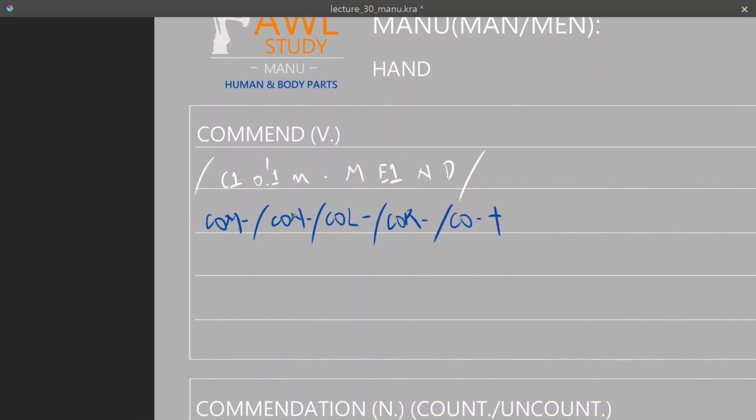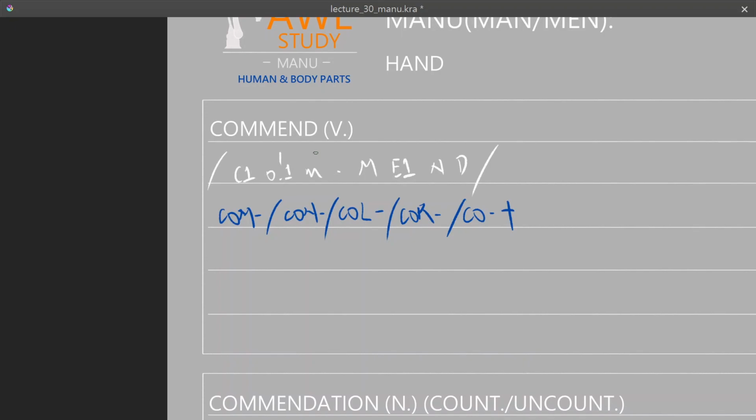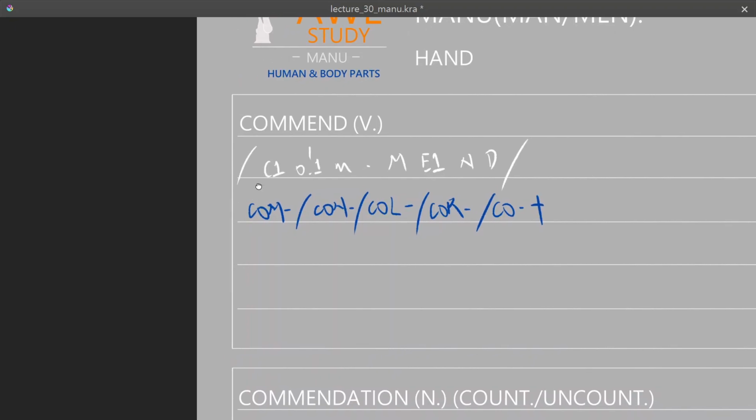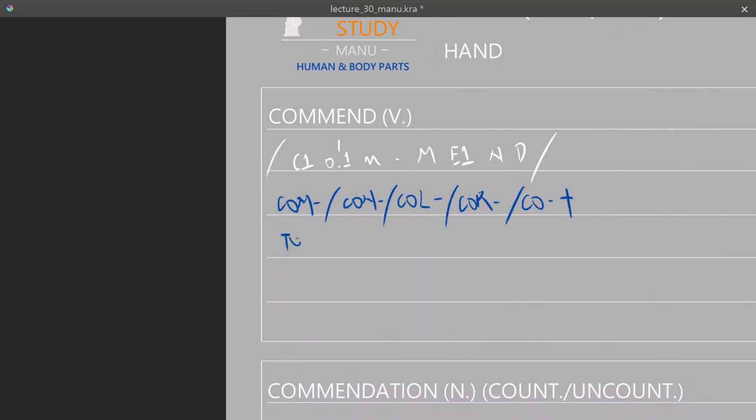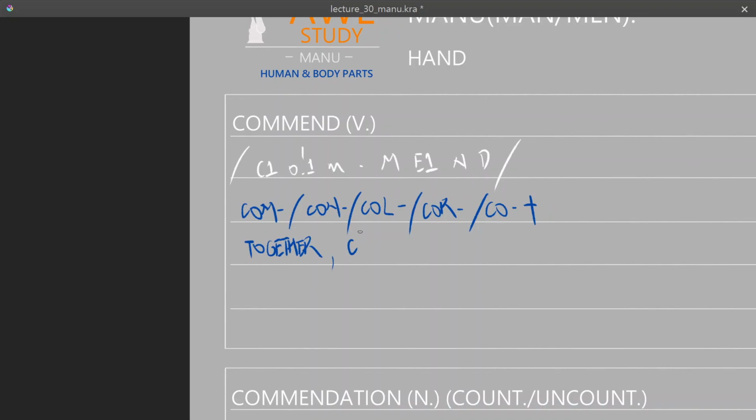So com, con, col, cor, or co. Drop all the m, n, l, r, we have co. So com meaning together or completely, as an intensifier. Completely.